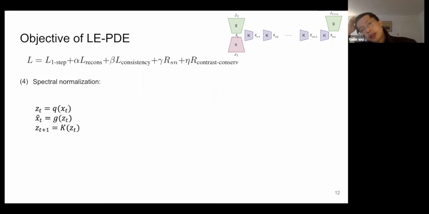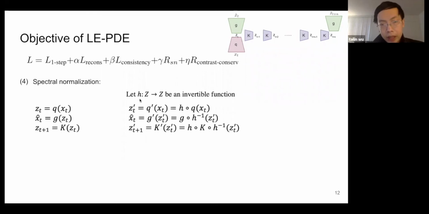So fourthly, as we see here, we can have some encoder, decoder, and some evolution operator. But actually there is a gauge freedom here. Suppose that we have an invertible function h that maps some z to another different z in the same space.